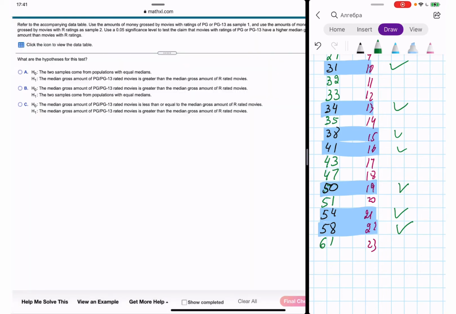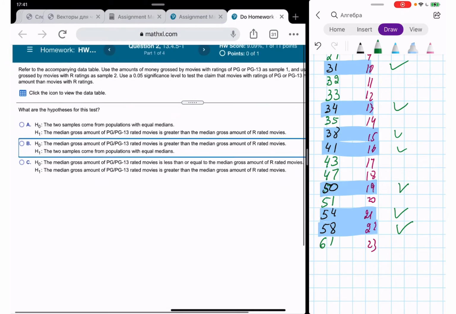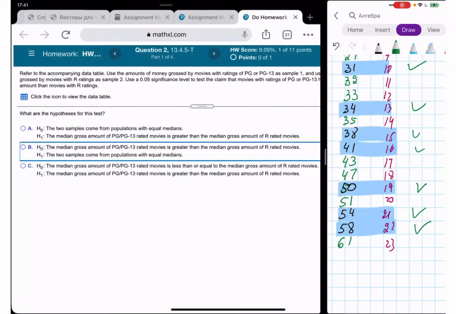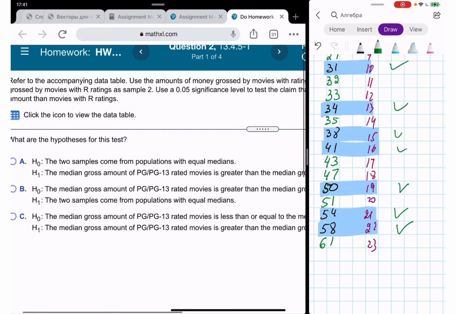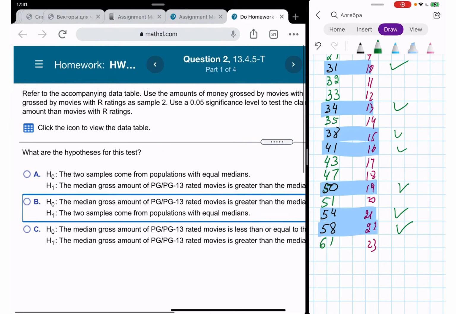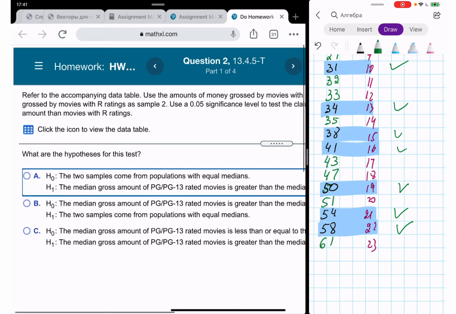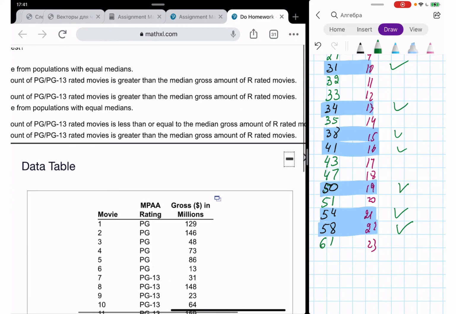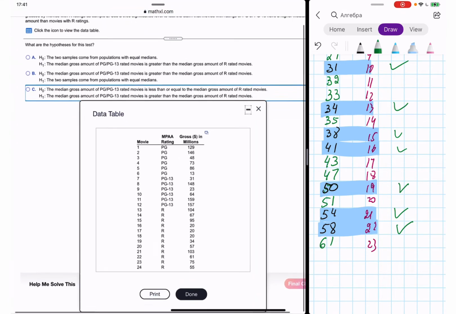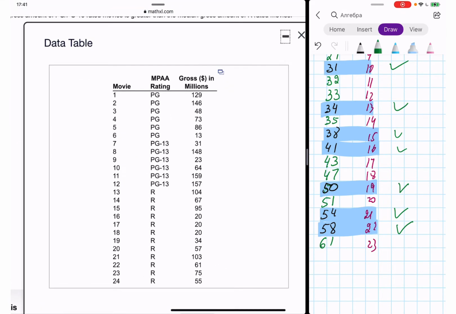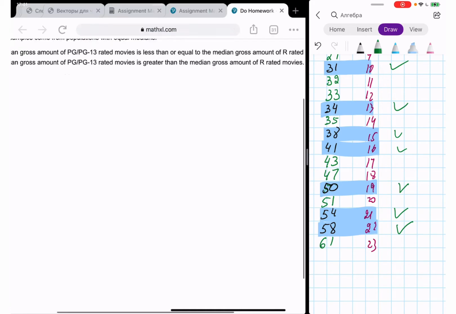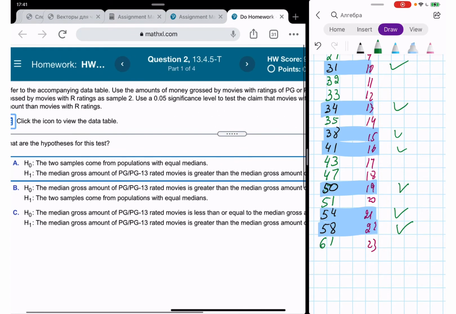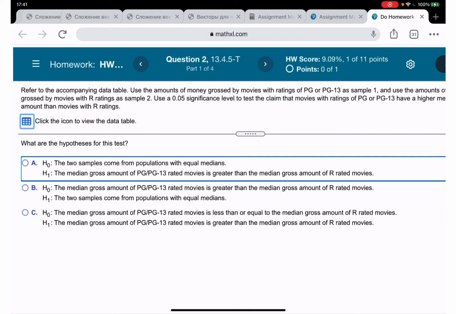Next one. So what is going to be the next question? It's referring to the accompanying data table, which is this one. Refer to the accompanying data table.